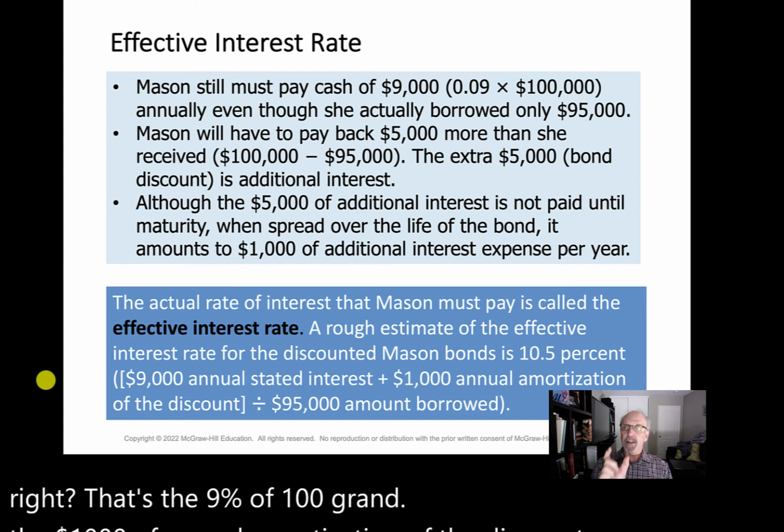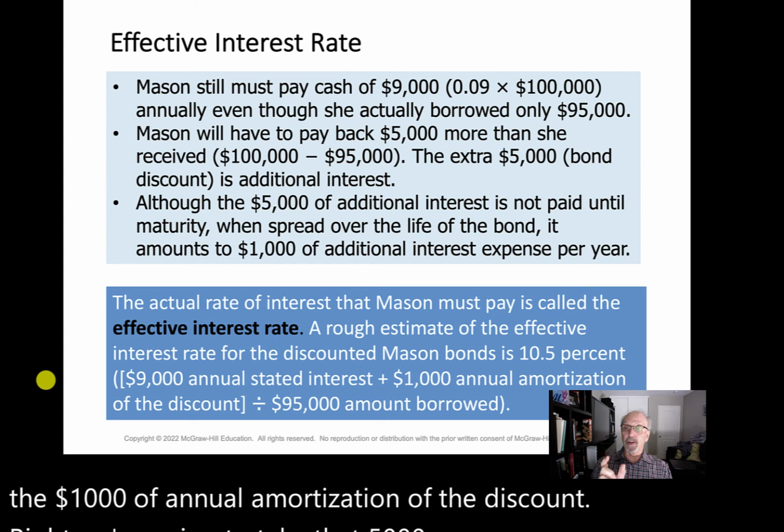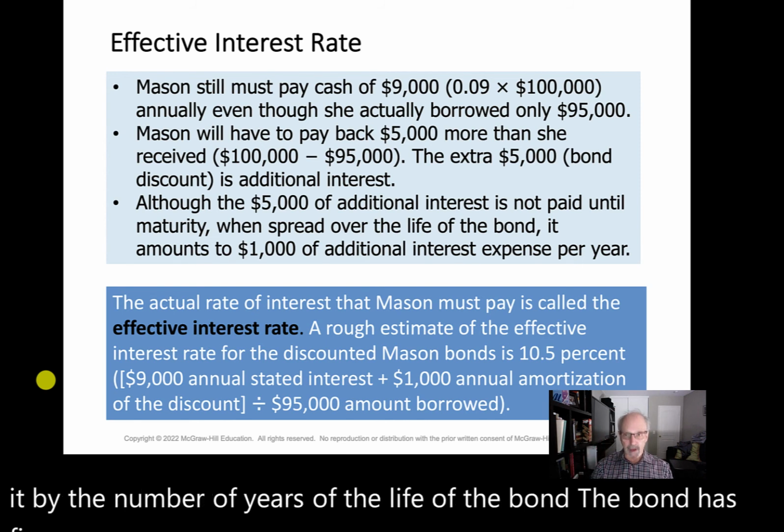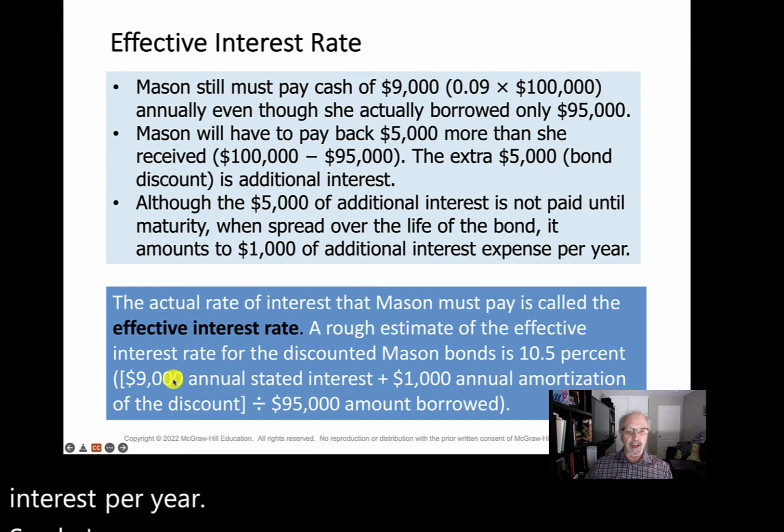We're going to take that $5,000 and amortize it, or divide it by the number of years of the life of the bond. The bond has 5 years, so 5,000 divided by 5 is an additional $1,000 of interest per year. So the interest is actually 9,000 plus 1, or 10,000.